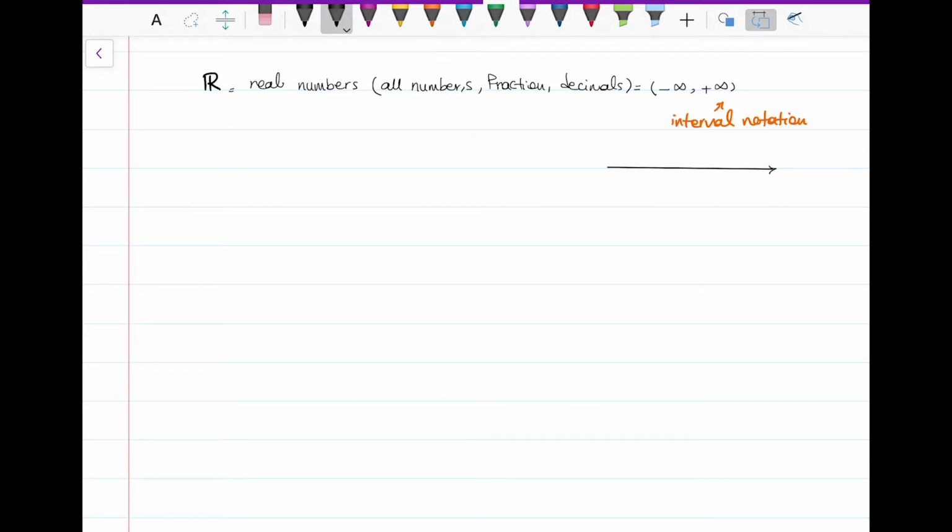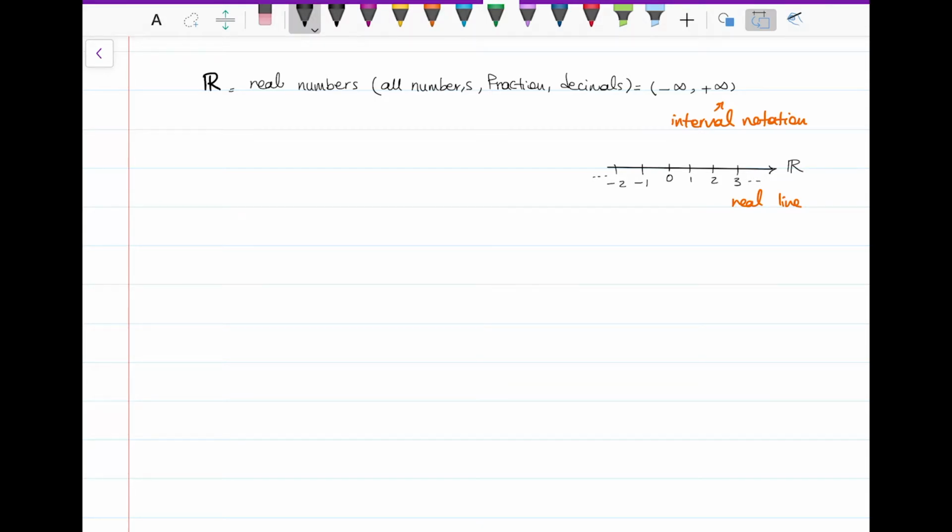We are going to have a line, and the arrow here shows that it goes to positive infinity, and I'm going to put 0, 1, 2, 3, or -1, -2, all the way to negative infinity. This graph is the real line, the graph of the real line.